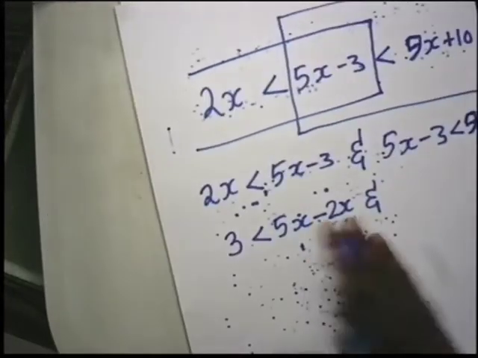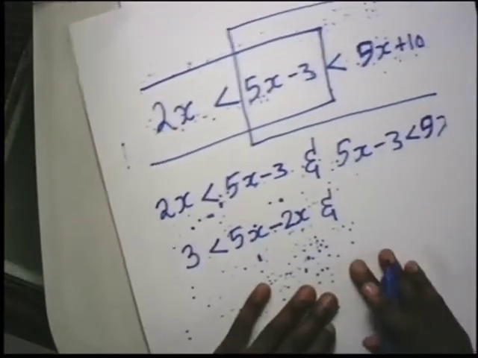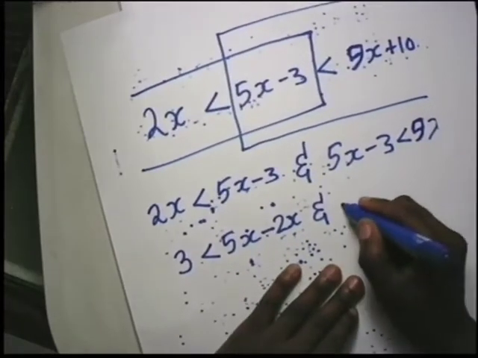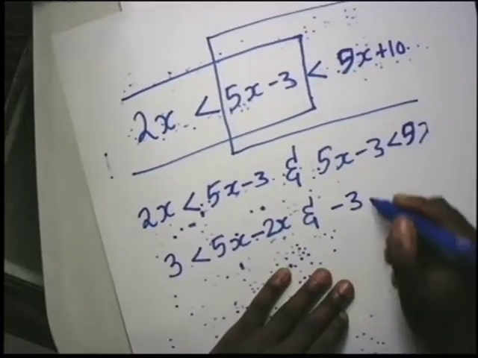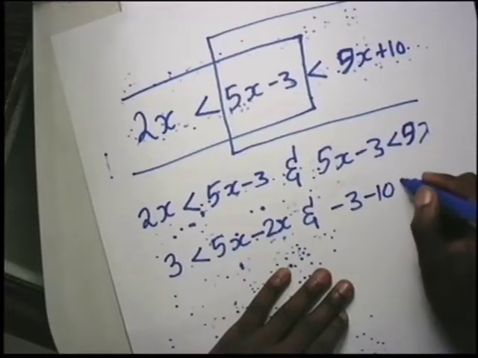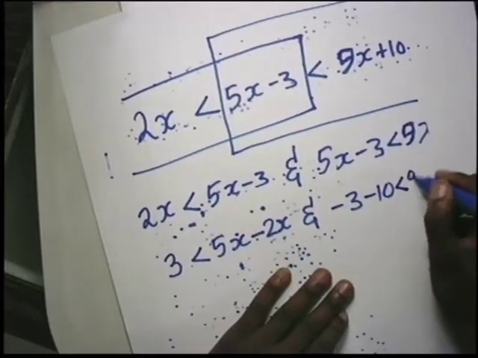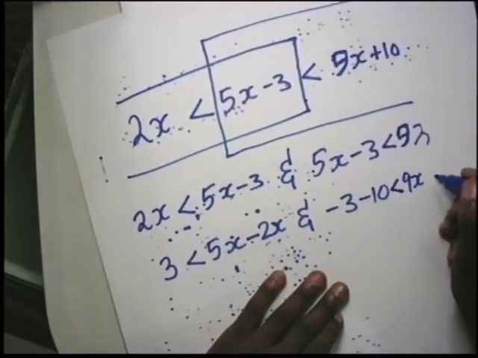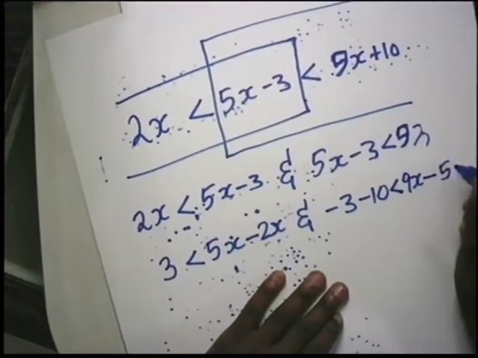So the next step will be negative 3 minus 10 less than 9x minus 5x.